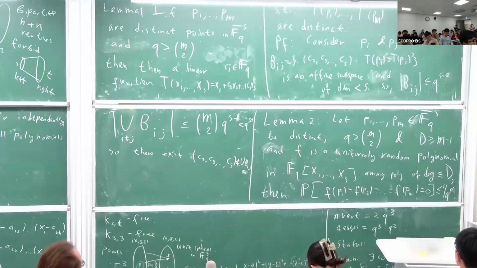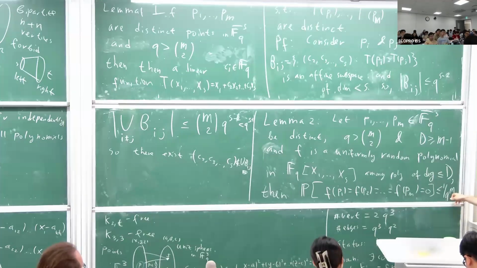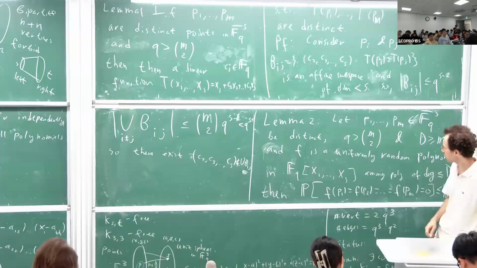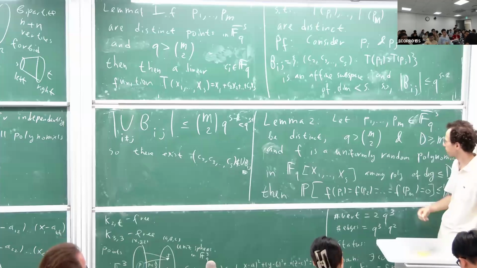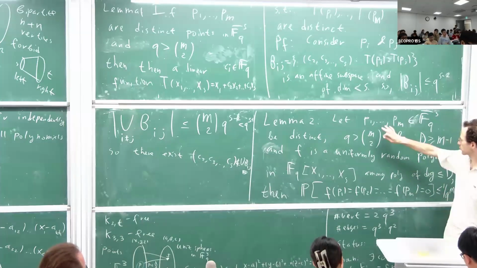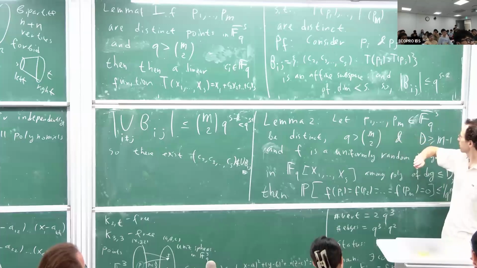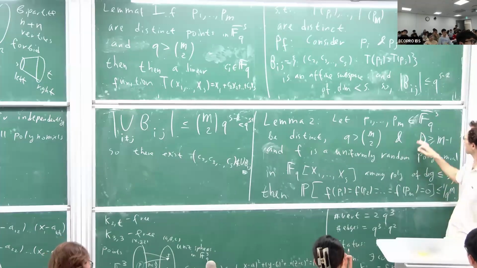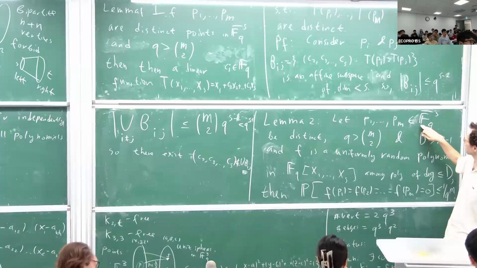So first of all, this right-hand side is natural because if I imagine I have some point, just think about a single point, and suppose this point lives in F_q.